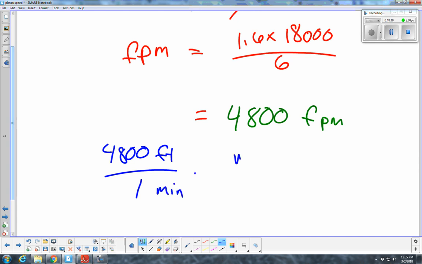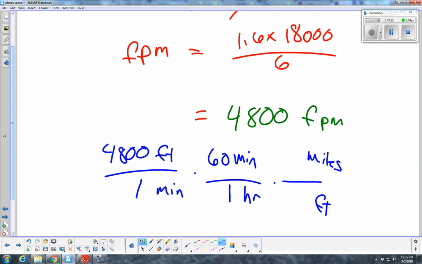And if we want to clear the feet, we put the feet on the bottom. We put the miles on the top. 1 mile has 5,280 feet. So all we got to do is start canceling. Feet, minutes, now you're left with miles an hour. So you multiply that out, you're going to get a number. Anybody got the number?